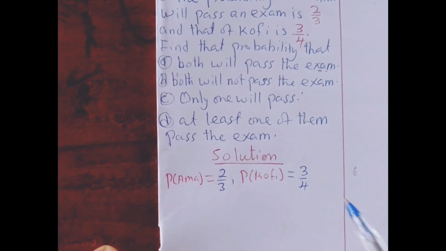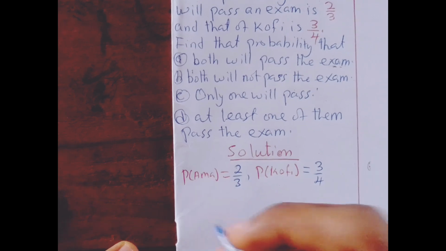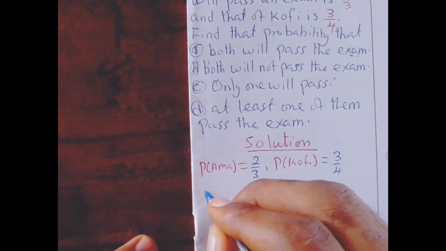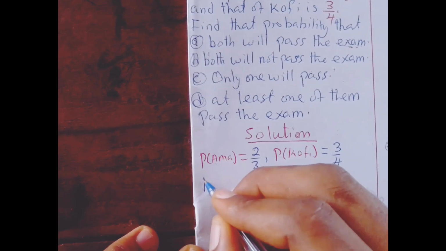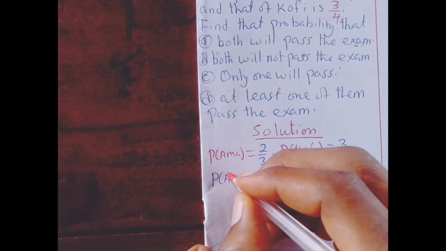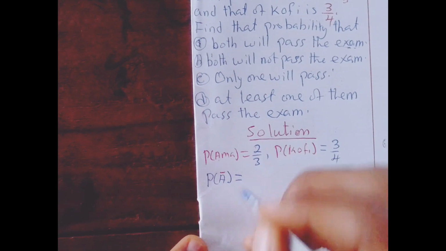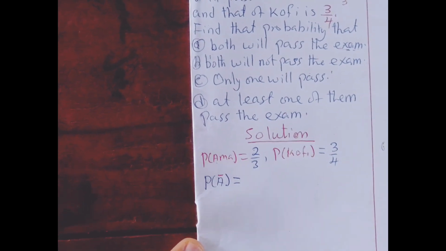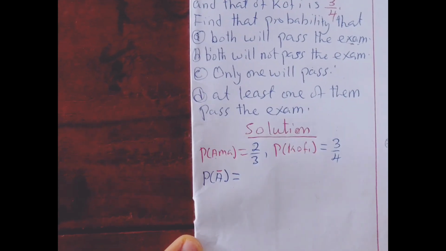Now, I'll make use of the probability of Kofi not passing and Amma not passing. So let me find it out first. I'll use A in place of Amma. So the probability of Amma not passing. The entire probability must be less than or equal to 1.